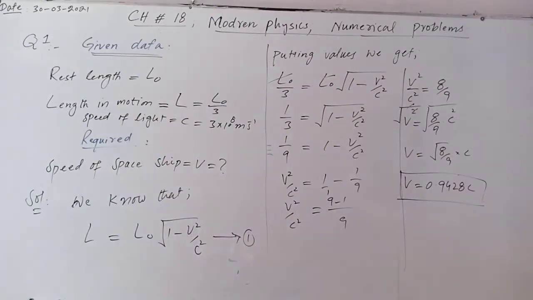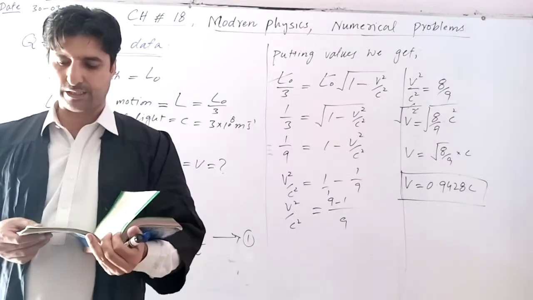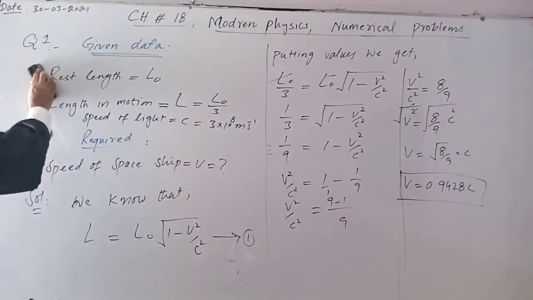In the second numerical, it is stated that the time period of a pendulum is made to be 3 seconds in an inertial frame of reference. So let me solve the second numerical.